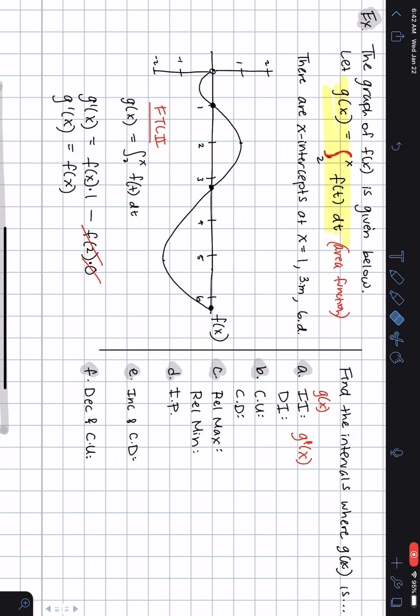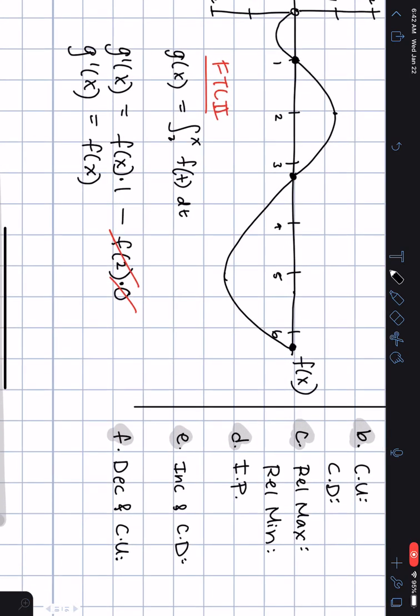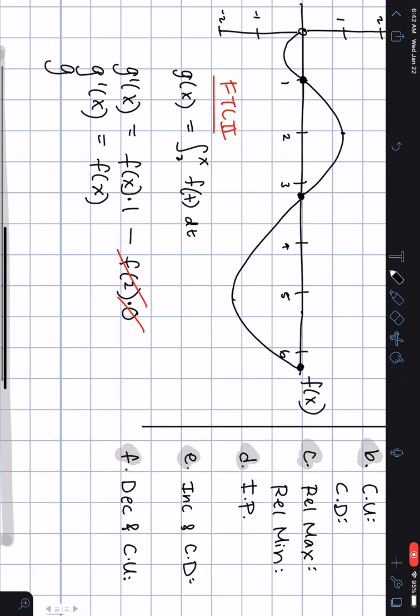Interesting. And for good measure, because I'm looking ahead and I see concavity questions, let's go ahead and just take it one step further. G double prime of x. I want to know what that is, so I'll take one more derivative. Well, hey, if I take one more derivative on the left side of the equal sign, then I can take one derivative on the right side of the equal sign, and now I still have a true statement.